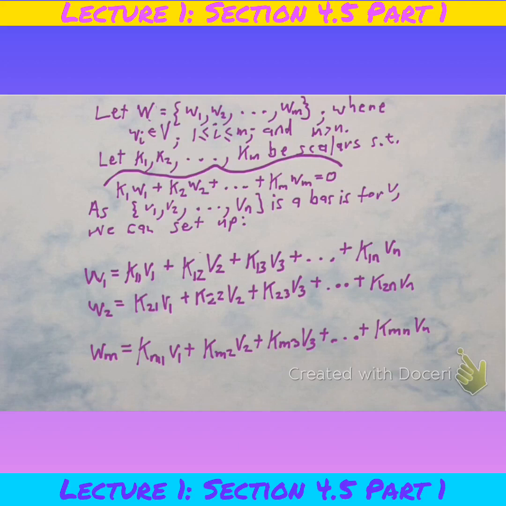We need these k's to be 0 and 0 only. If you've got more than one solution, it means there's a non-trivial solution to that equation. So the implication is that the set of vectors W must be linearly dependent.